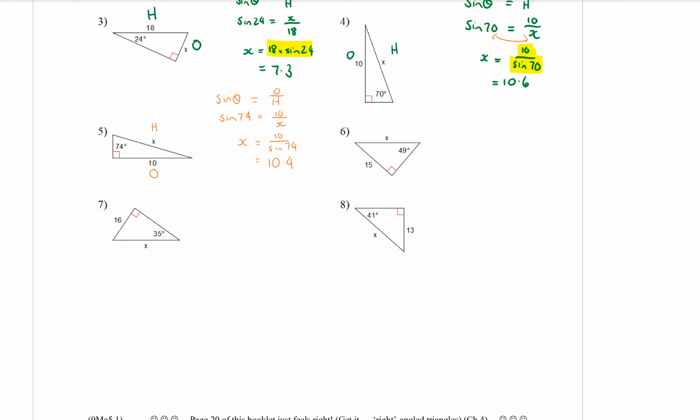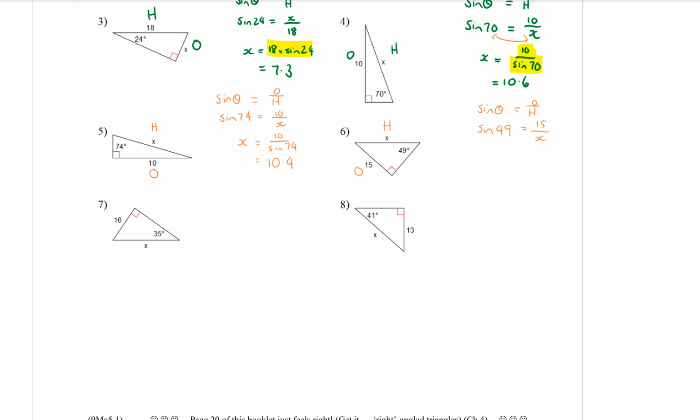Okay, next one. Label the triangle. Across from the 49 is the opposite. Across from the right angle is the hypotenuse. Formula is sine theta equals opposite over hypotenuse. Substituting in, the theta is 49. Sine 49 equals, the opposite is 15, hypotenuse is x.